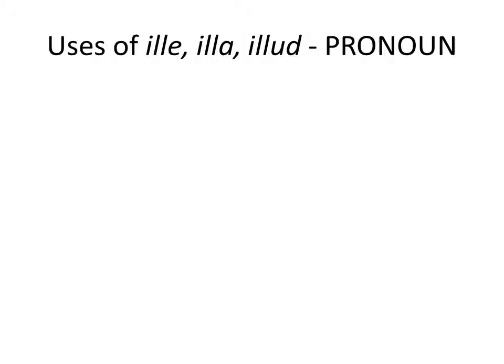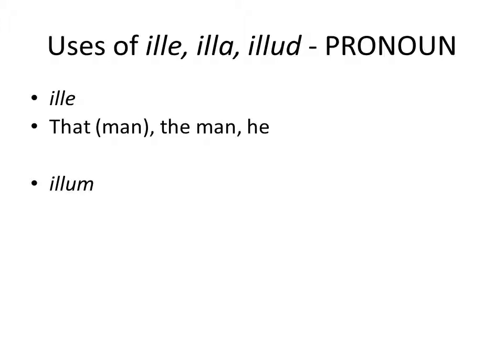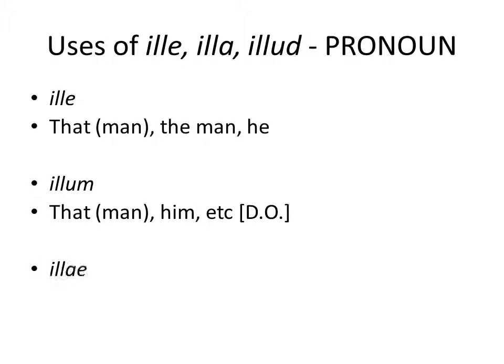How about a pronoun? Remember, pronoun takes the place of a noun, so there's no noun present. We need some kind of context. That also gives us some freedom in how we're going to translate. Ille could mean that man, or the man, or he. You have a little latitude there in how you want to do it. Illum, well, that's masculine, and it's accusative, and it's singular, so it's that man, or him, or the man, used as a direct object.